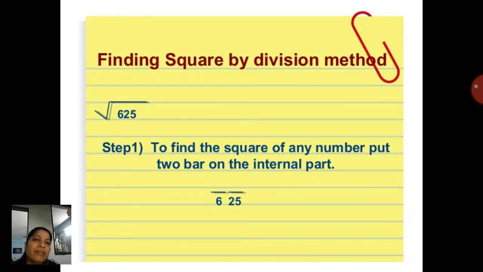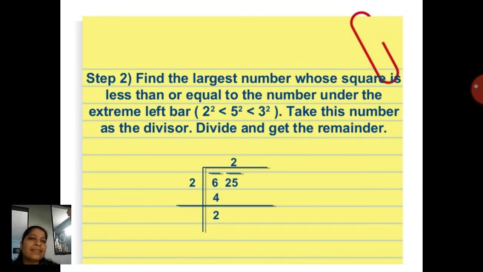Then I have given one more example of the long division method, that is 625. Now we make pairs from the unit place. So 25 is a pair and 6 remains unpaired. No problem. First solve this 6, the nearest square number is 4, with root 2. 2 times 2 is 4, and the remainder is 2.